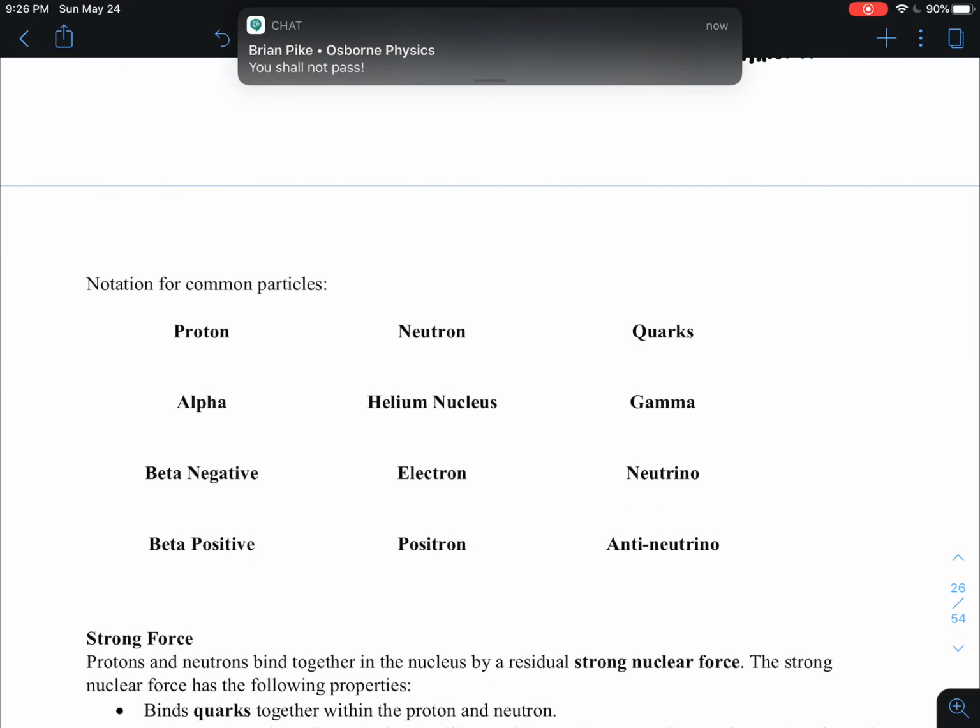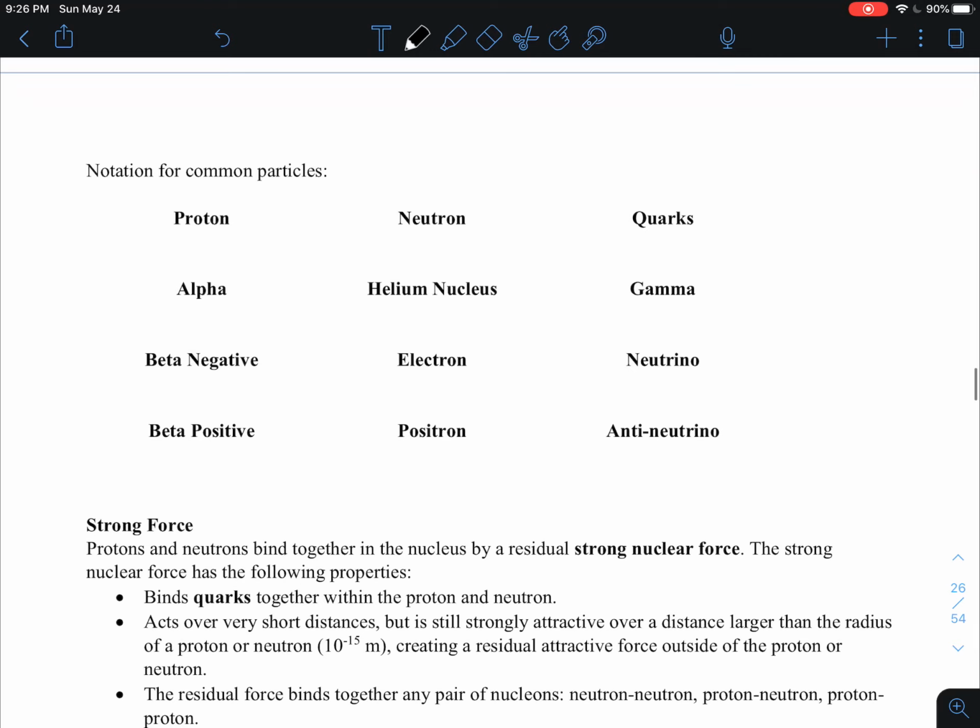All right, so looking at a notation for common particles, for a proton, we're going to use a positive P. You'll notice it looking often like that. A neutron, sometimes an N, sometimes we even have a little 0 above it. We talked about quarks. The quarks are either going to be an up quark, or you can also see a down quark.